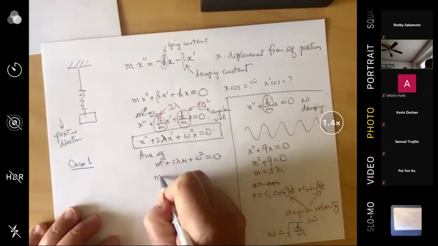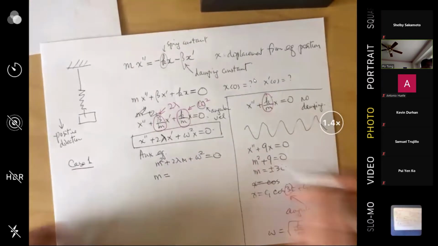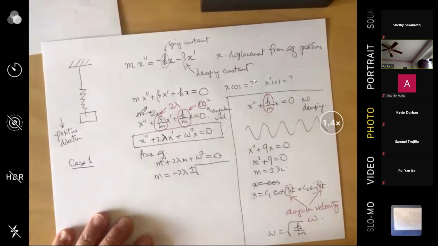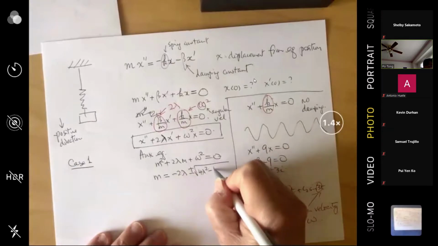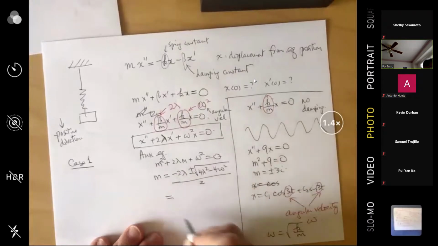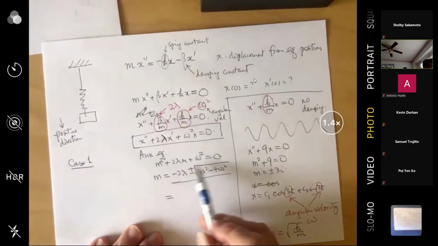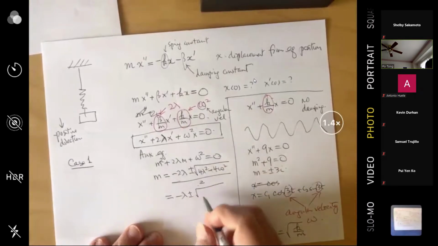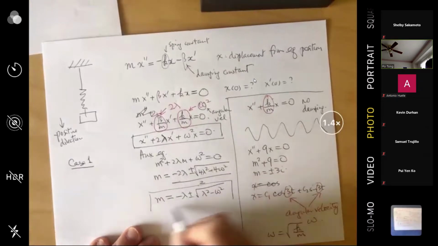Then you solve for m using the quadratic formula: minus 2 lambda plus or minus the square root of b squared minus 4ac, 4 lambda squared minus 4 omega squared, all over 2a. Take the 4 out from here, it becomes a 2 outside and cancels with this 2. So we end up with this.